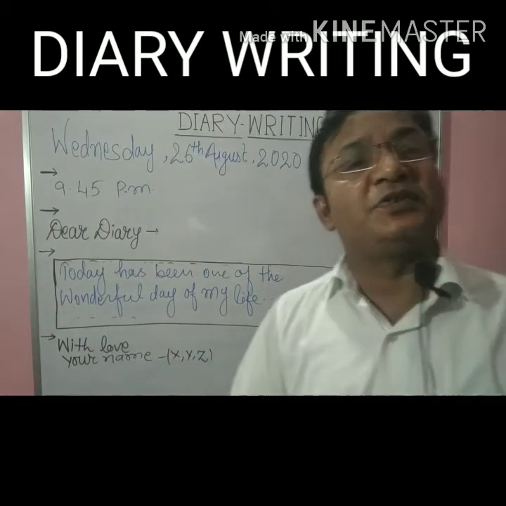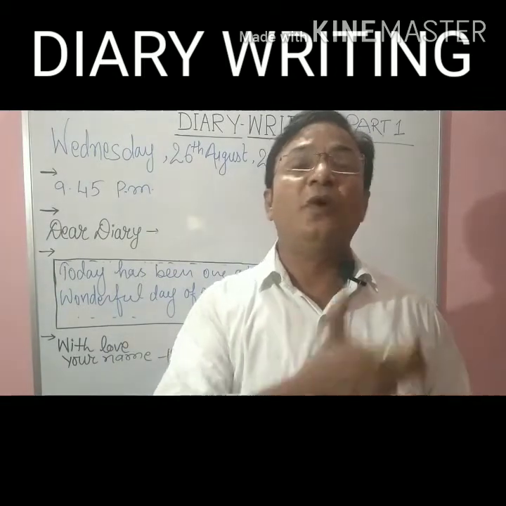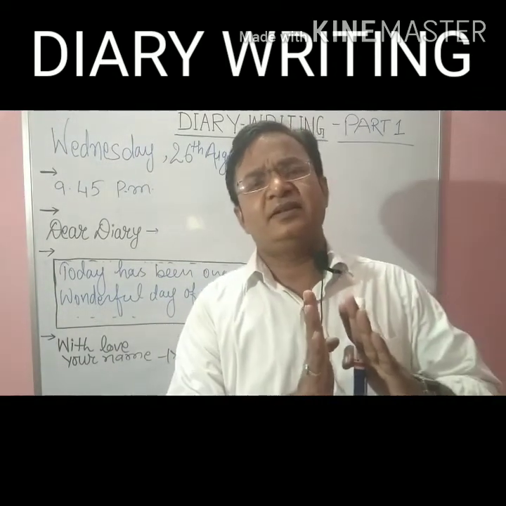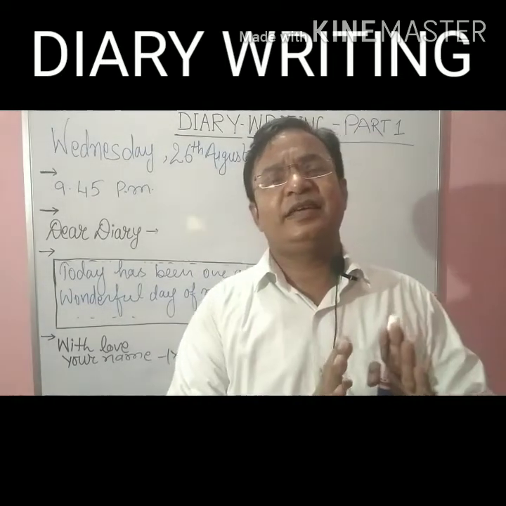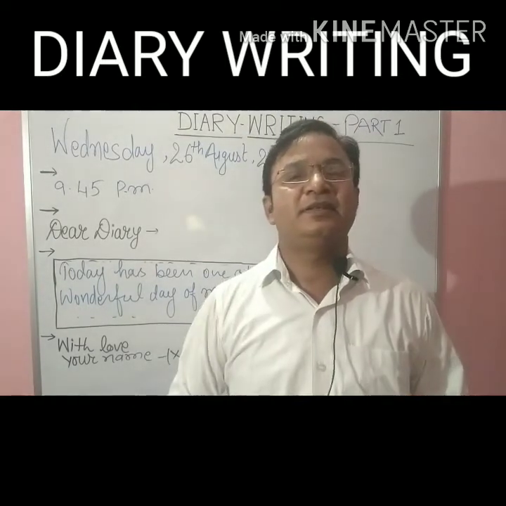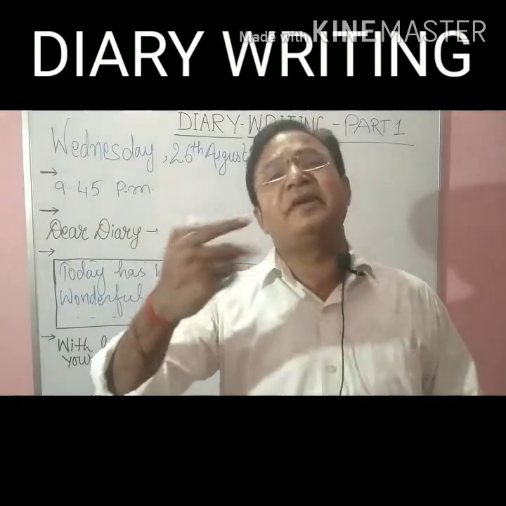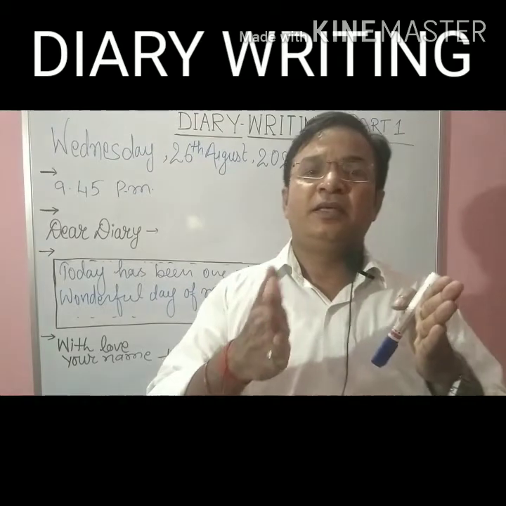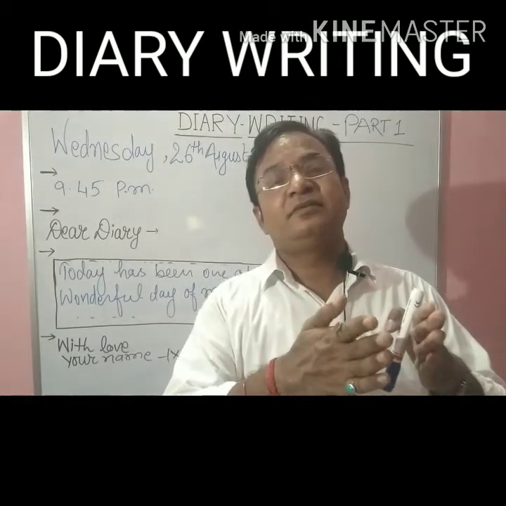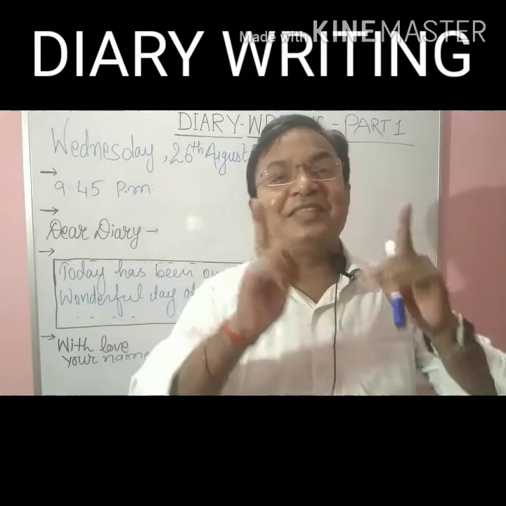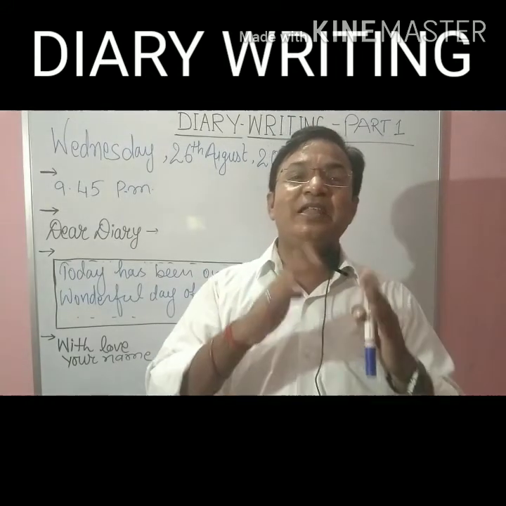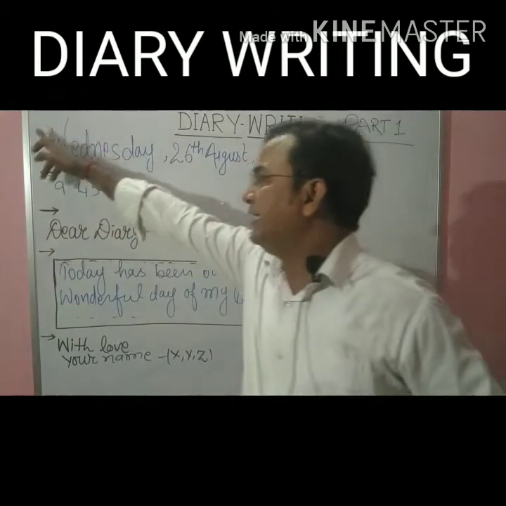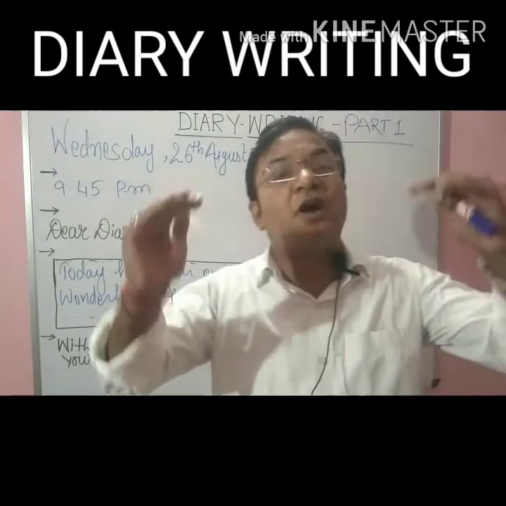So you will ask me, sir, what is the general word limit of a diary? For up to grade 8, it is 50 to 60 words. When your grade is upgraded, that means you are in 9, 10, your word limit may be 100. And one thing more you have to keep in mind. Many scholars are in confusion whether the entire diary should be in enclosure or not.